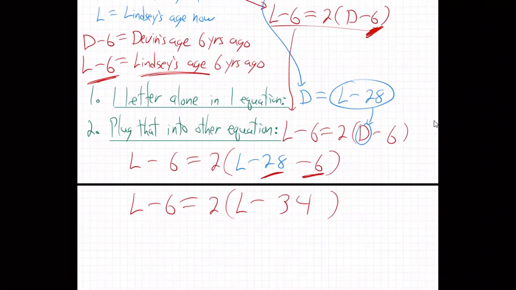You just combine those, use your calculator if you need to. All right, now we're down to one letter, just L, so we can solve. So we're going to distribute. This is going to multiply here and there. So L minus 6 is 2L minus 68.